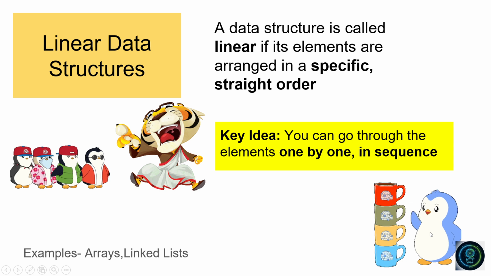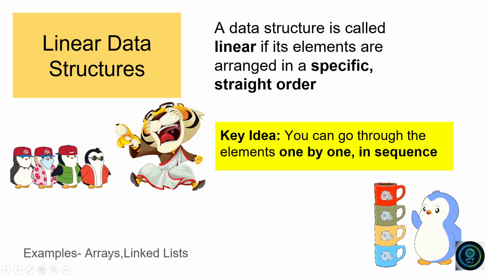That would be the approach. What is the key idea here? You can go through the elements one by one in a sequence. You have to keep that in mind in linear data structures: you have to go through the elements one by one.